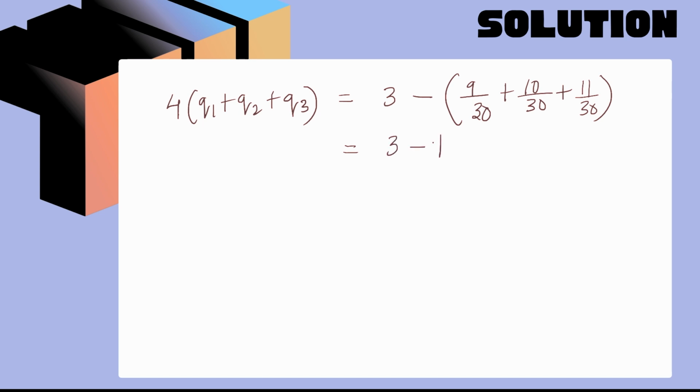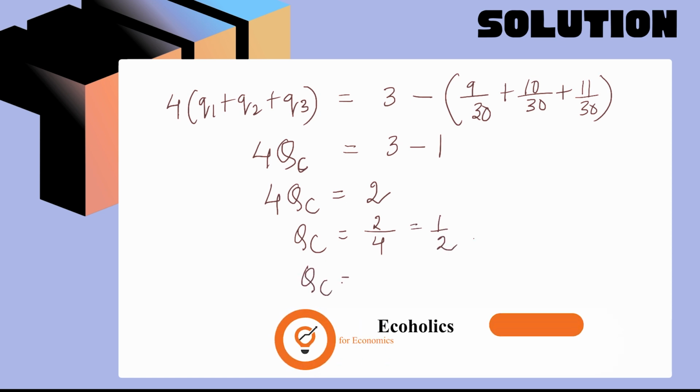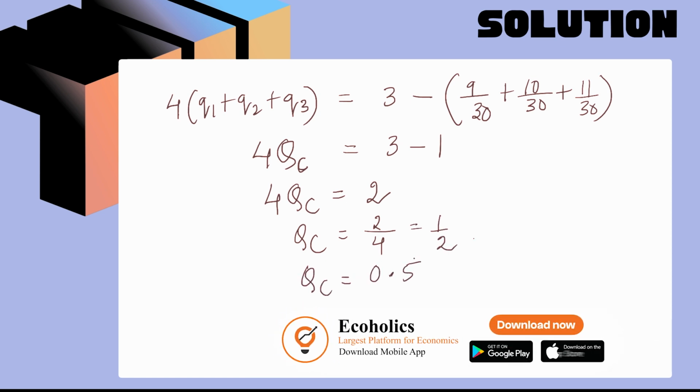So 3 minus 1. And here, what is Q1 plus Q2 plus Q3? It is nothing but 4Q, the Cournot-Nash equilibrium. So 4QC is equal to 2. QC is equal to 2 by 4, which is equal to 1 by 2. So QC is equal to 0.5. But what are you supposed to find?